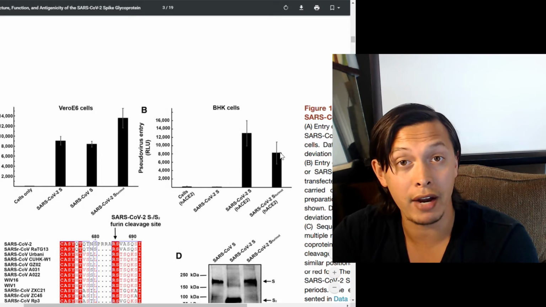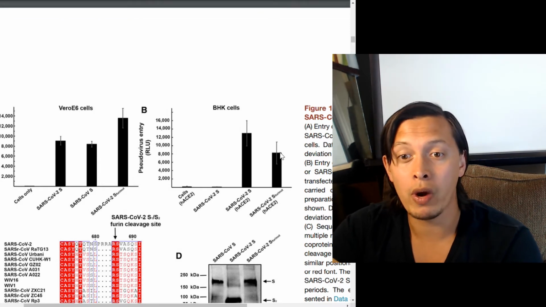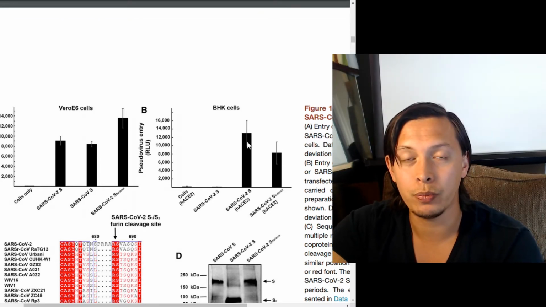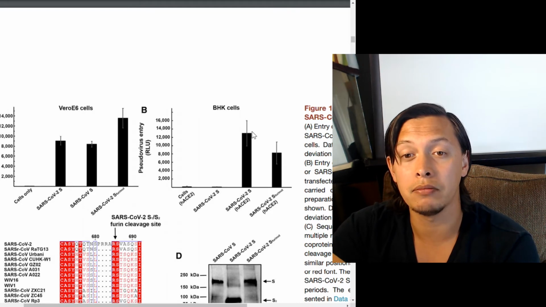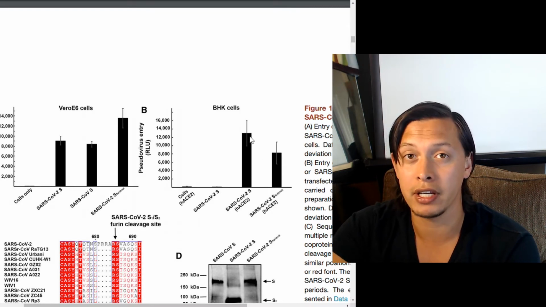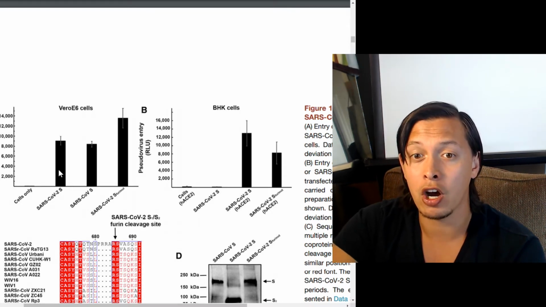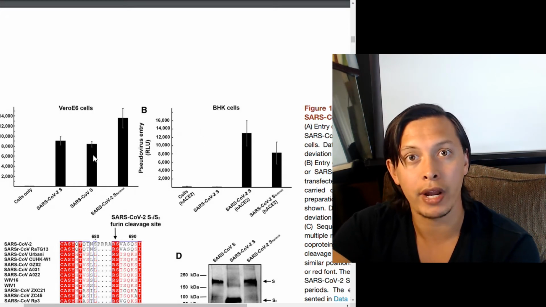this virus. However, when it had the original polybasic furin cleavage site, it created the ability for this virus to easily infect a larger range of species.